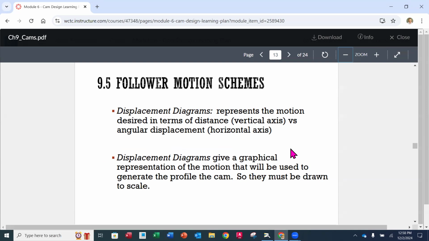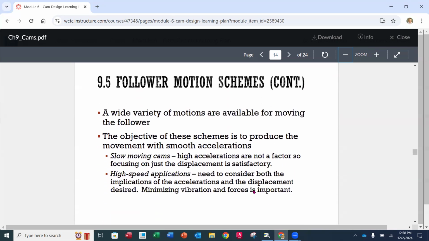So along the x-axis is one rotation, or 360 degrees, and on the y-axis is the travel that we're going to be having. Displacement diagrams give us that graphical representation of the motion that will be used to generate the profile of the cam. So we need a displacement diagram before we can even generate the profile of the cam itself. Okay, so we have to have a good one of those. And it says they must be drawn to scale. Must be drawn to scale. So that's why we're going to be using AutoCAD for those.